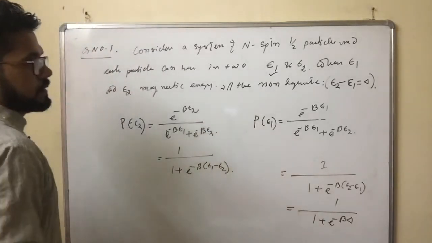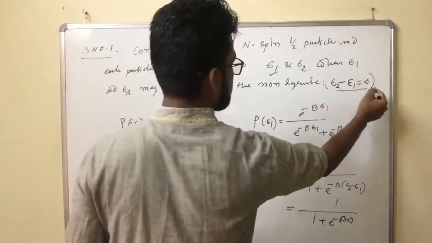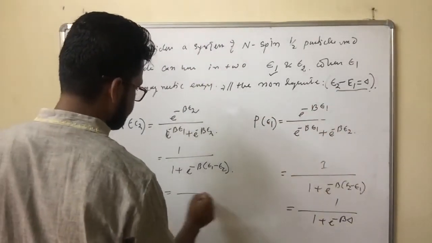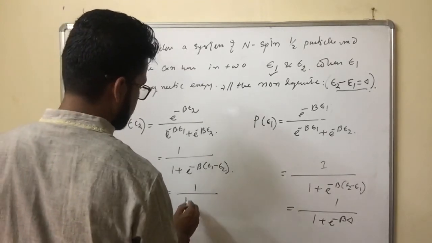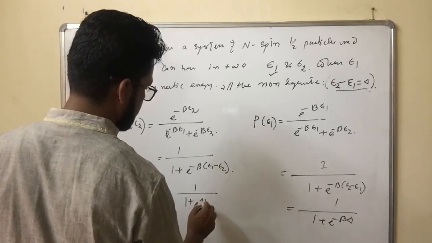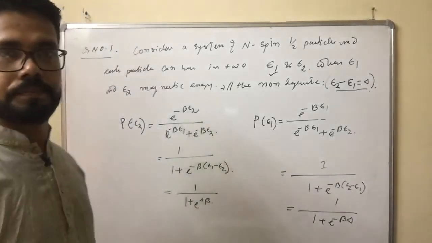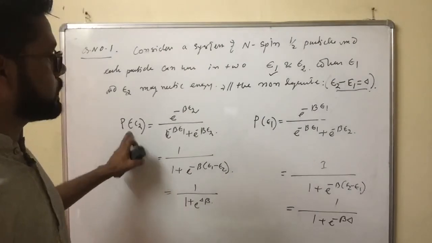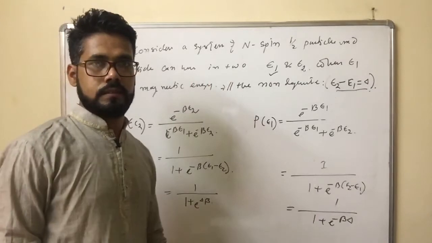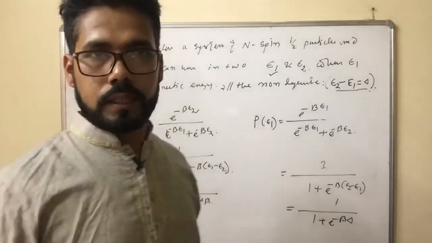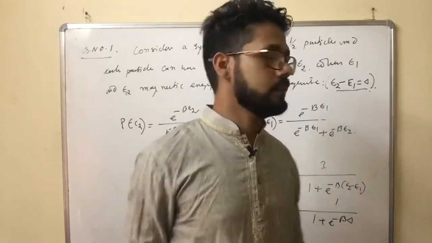Or according to this formula, you can express it as 1 over 1 plus e to the power beta delta. This is the probability. But the total probability P(E1) plus P(E2), if you add up, must be equal to 1. If it is not equal to 1, that means your answer is wrong. You can verify yourself.